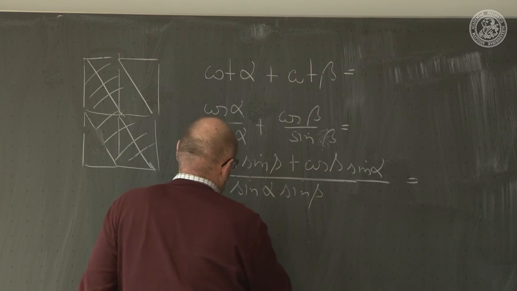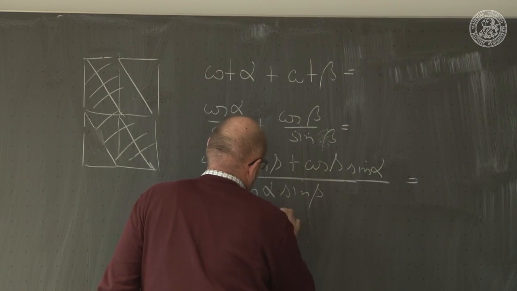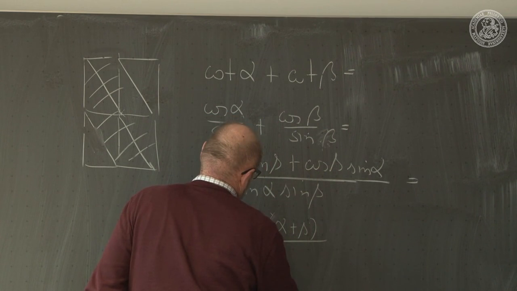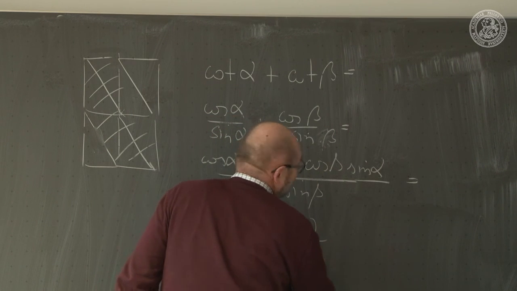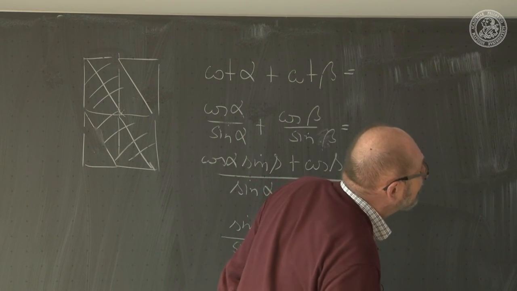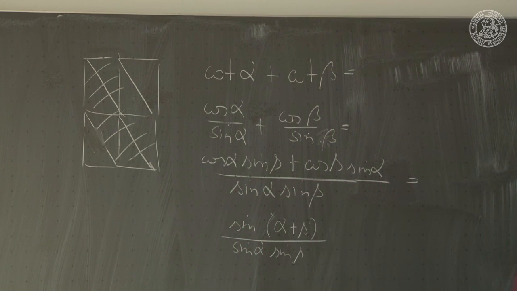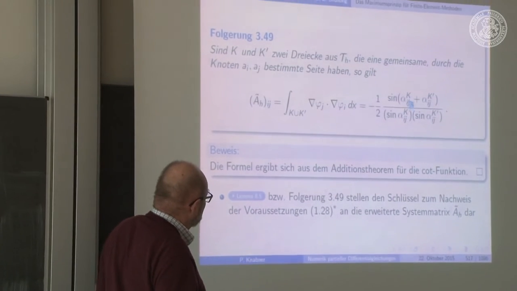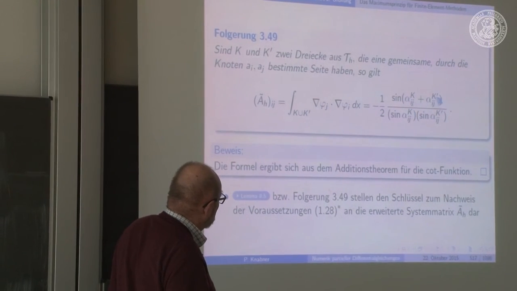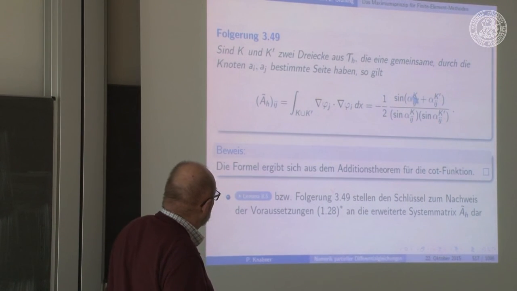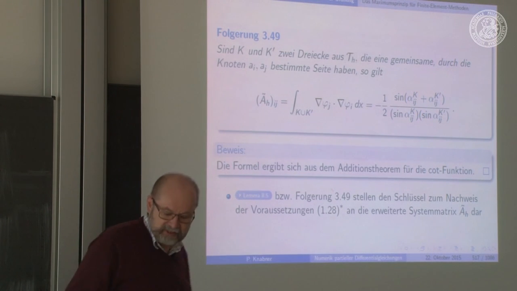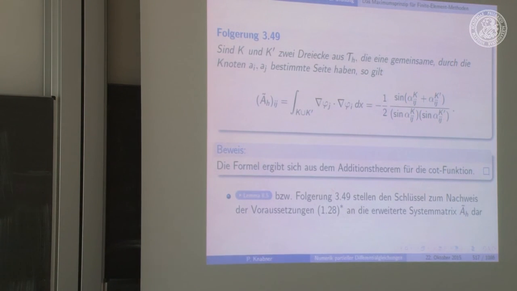So this is just sine of alpha plus beta over sine alpha sine beta, which is what we have here. The critical thing is the sine in this part. The only thing which is not allowed to happen is a problem with the sum of the angles which are opposite.